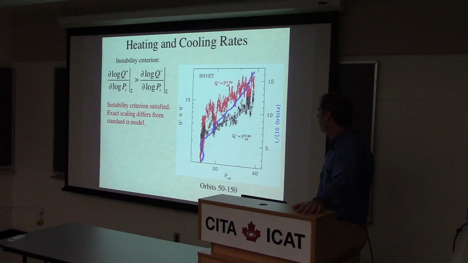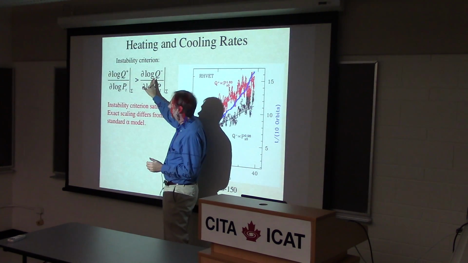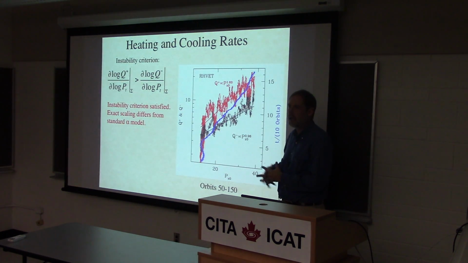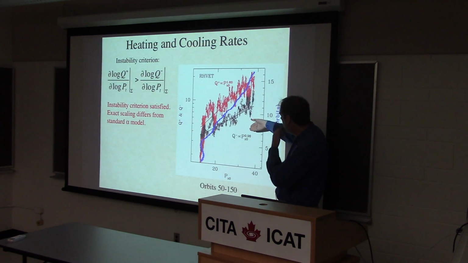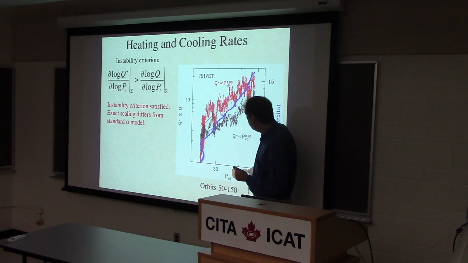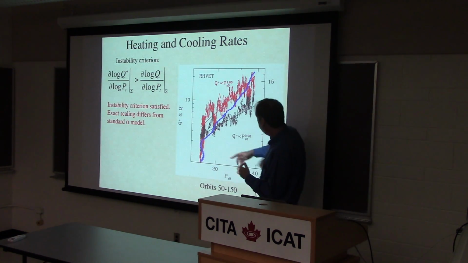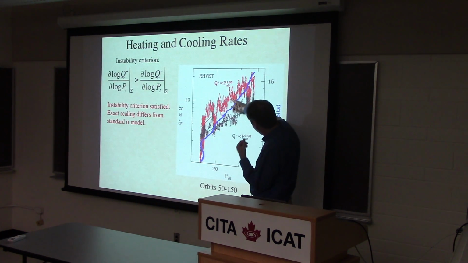Yes. So all we did was calculate this Q plus and Q minus from the calculations. We have full 3D simulations. We know exactly what's going on in the calculation at every grid point in time. So we can just measure what Q plus and Q minus are. We plot them versus the total pressure, which is a proxy for time. And you see that the red curve is the heating rate and the black curve is the cooling rate.